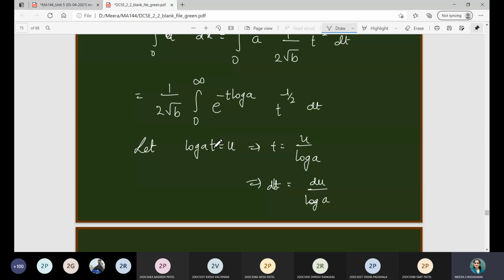And if you see, t is 0, log a into 0 is 0, so u is 0. t is infinity, so log a into infinity will be also infinity, so limits will remain same. So here I will write as t tends to 0, u will be also tending to 0, and t tends to infinity, u will be also tending to infinity.